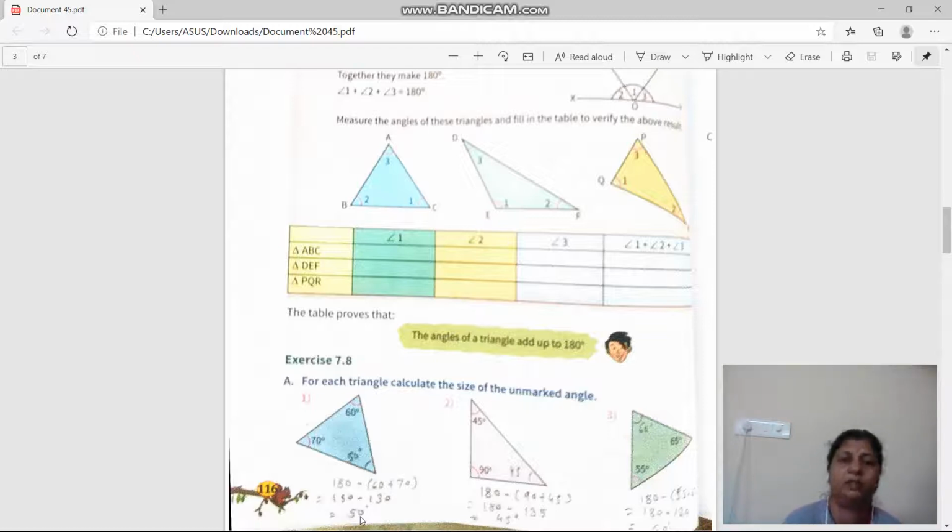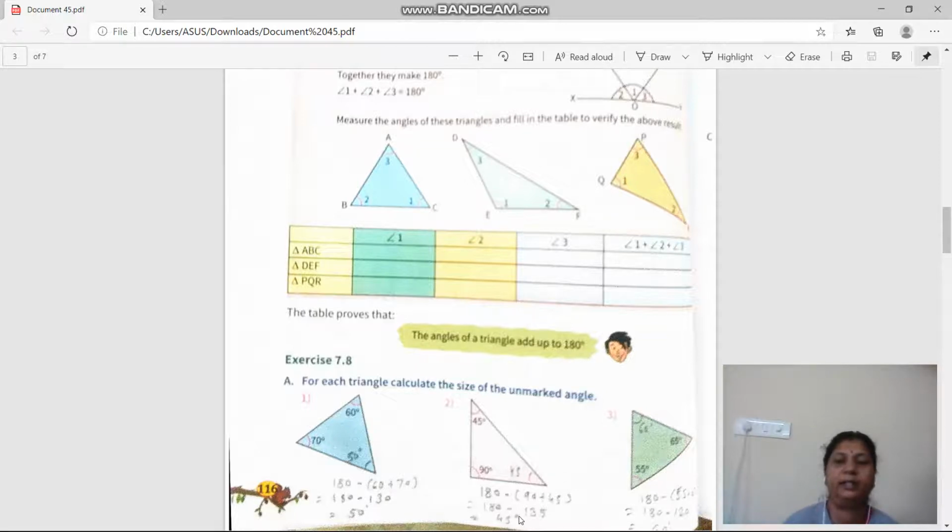Now next. See, 45 and 90 angles are given. Same process we have to take here: 180 minus, in bracket, 90 plus 45. So 90 plus 45 is 135.